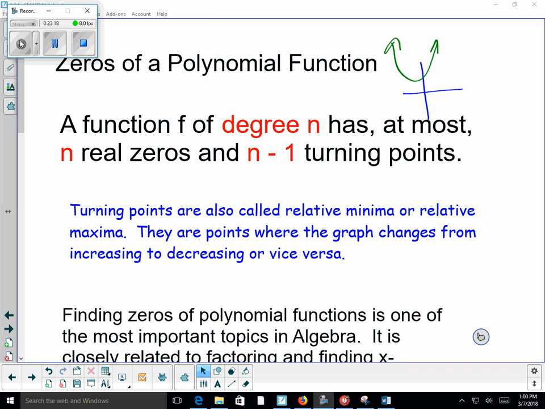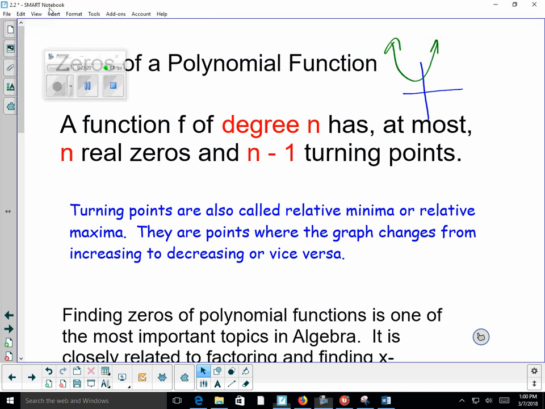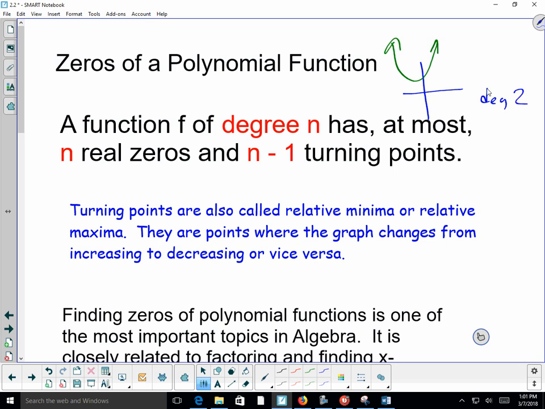Our notes here. Okay, so at this point, we were just talking about a function of degree n has at most n real zeros and n minus 1 turning points. And so for our example here, we said if we had a polynomial of degree 2, then it's going to have at most 2 real zeros.